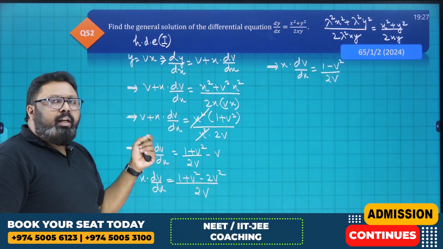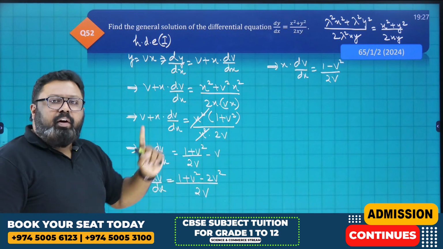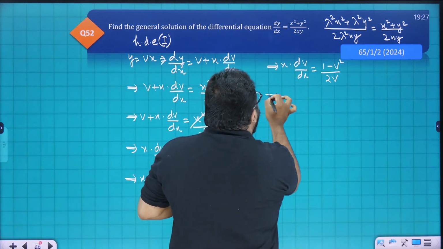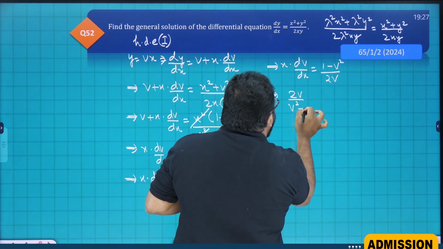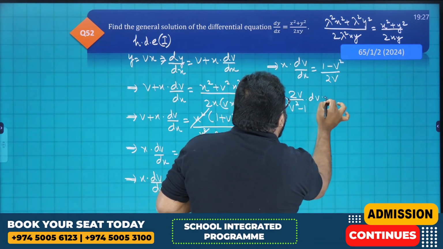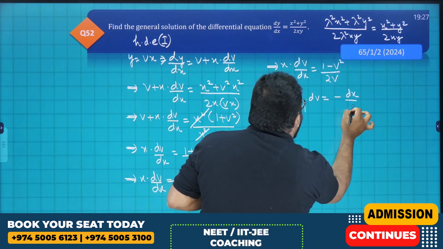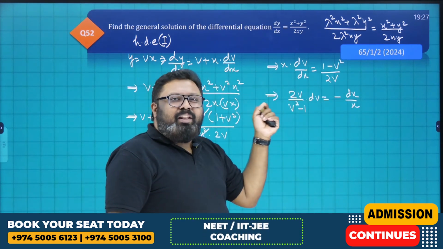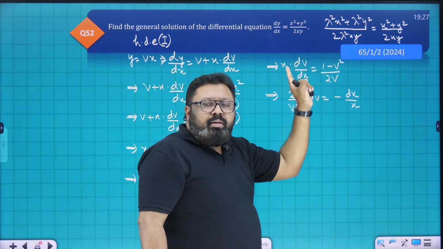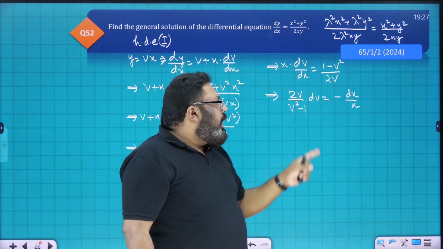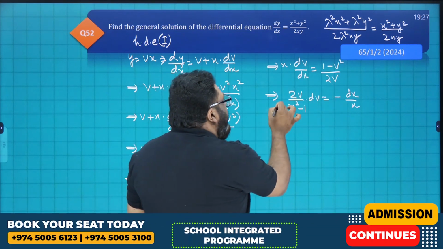So now the right side is purely simplified as a function of v. Now we are ready for the simplification. So we can write it as 2v by v squared minus 1 dv equals minus dx by x. I just did one small smart step where I took the minus common to make it v squared minus 1, and I left the minus on the right side itself.